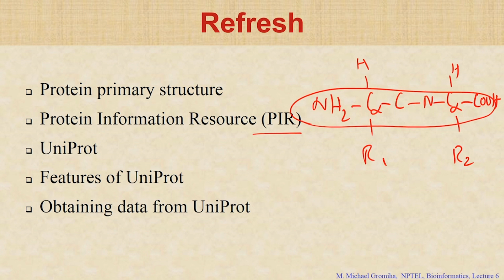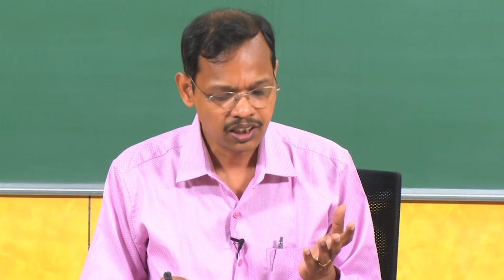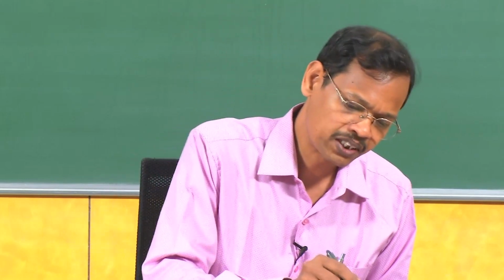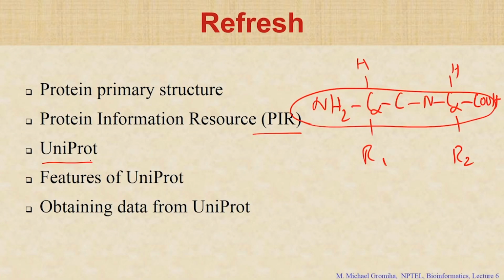In the meantime, the Swiss Institute of Bioinformatics also tried to collect the sequences, for example, SwissProt, and in both places they developed several tools to analyze the sequences. Later on, they formed a consortium and made UniProt. It is now universally accepted as the protein sequence database.